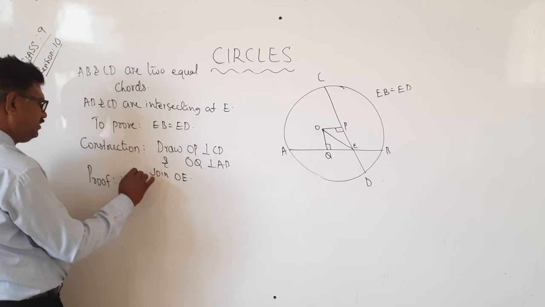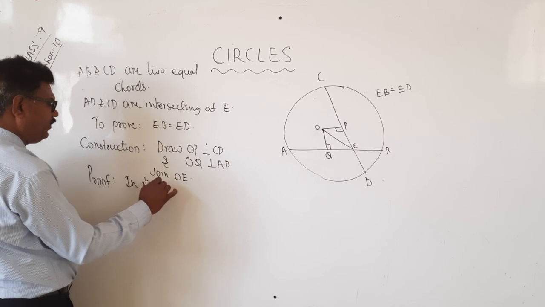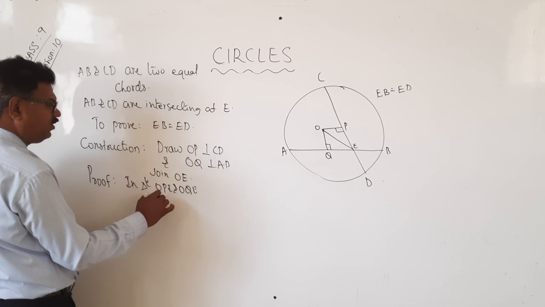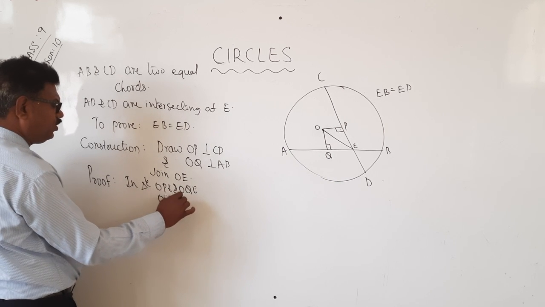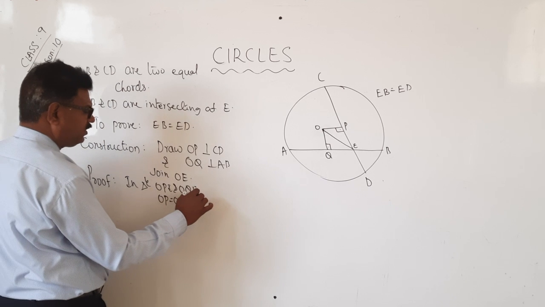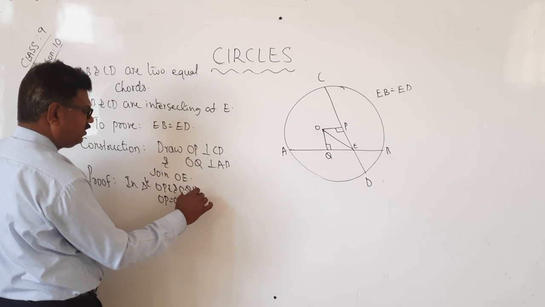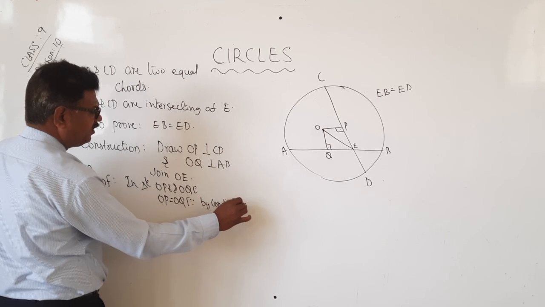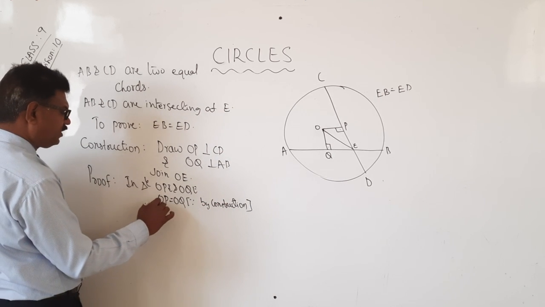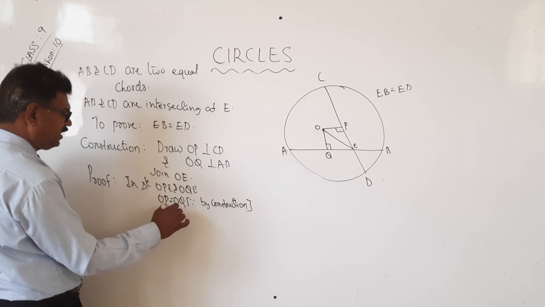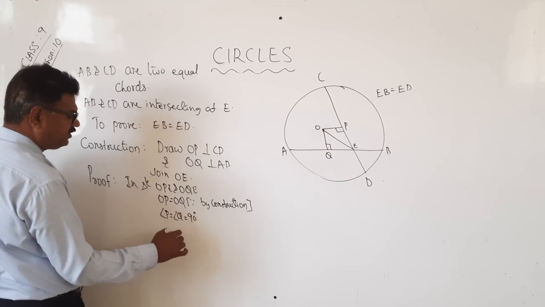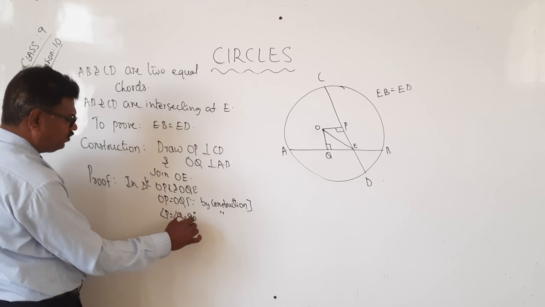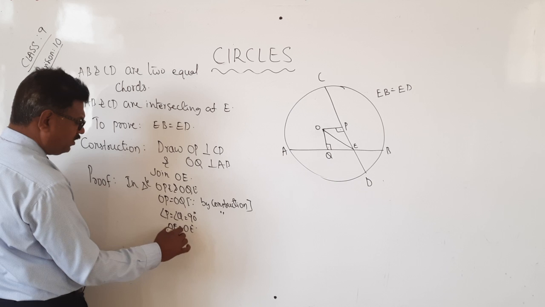In triangles OPE and OQE, OP is equal to OQ by construction. Directly you can write by construction, angle P equal to angle Q equal to 90 degrees. This is also by construction. OE equal to OE.